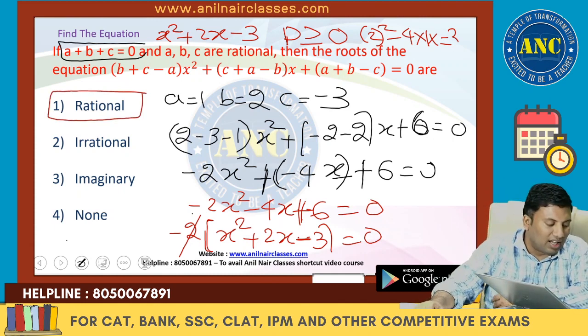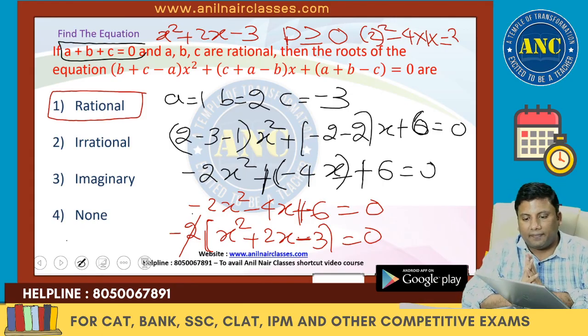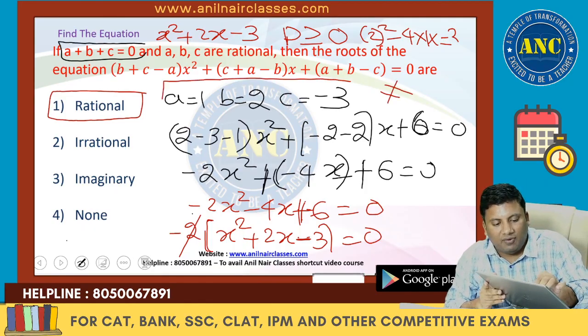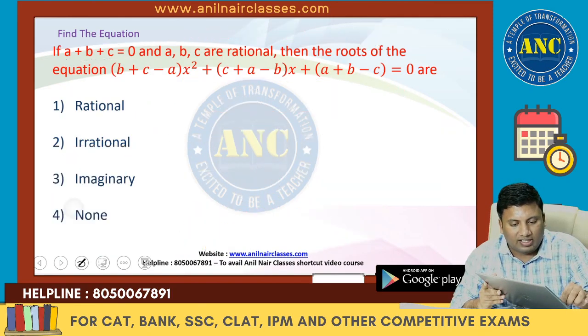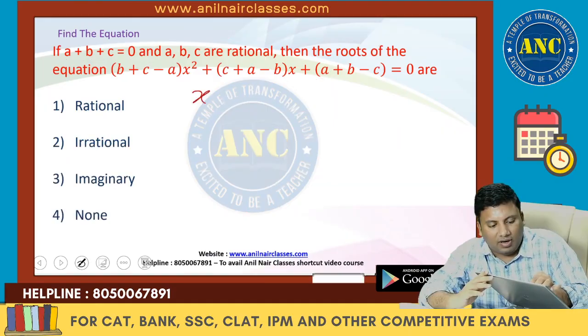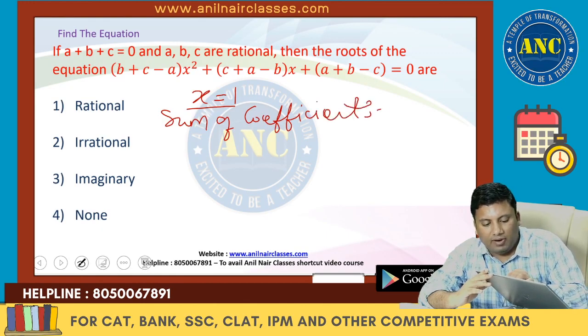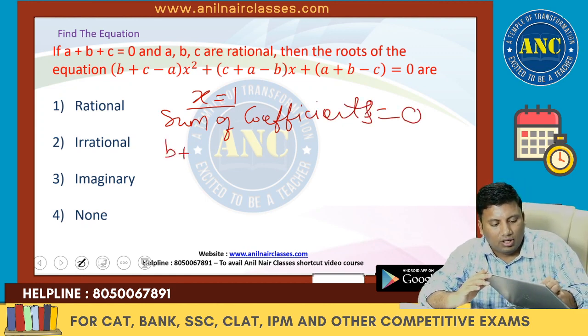You don't need to do all this, sir. Right? You don't need to do all this. Now see here, sir. Please don't do this, because I started with a1, b2, c minus 3. I am doing this. You don't need to do all this. If I put x equivalent to 1, the sum of the coefficients should be equivalent to 0.